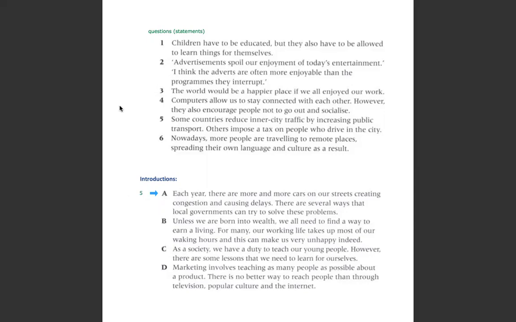So for B, there's only one question that matches. Right, if you're done, type done in the chat box and we'll check the answers.